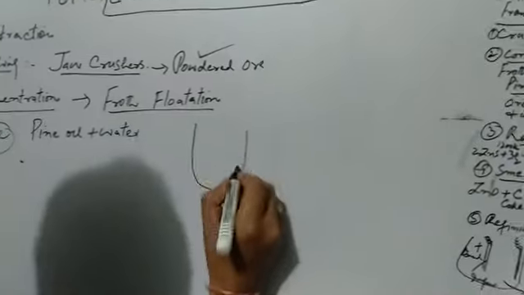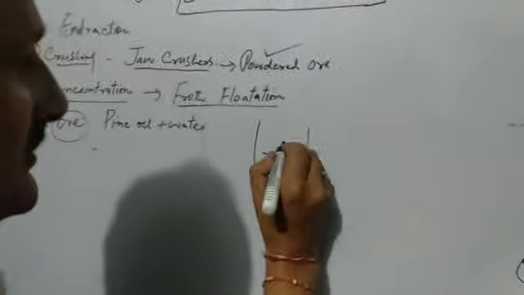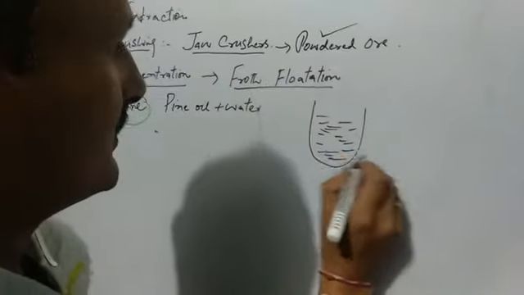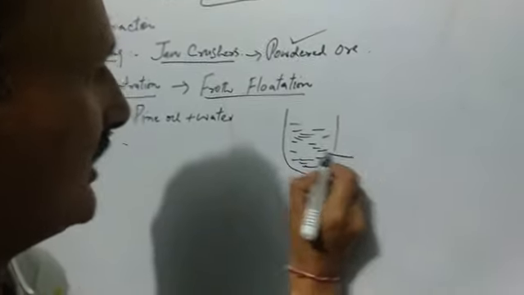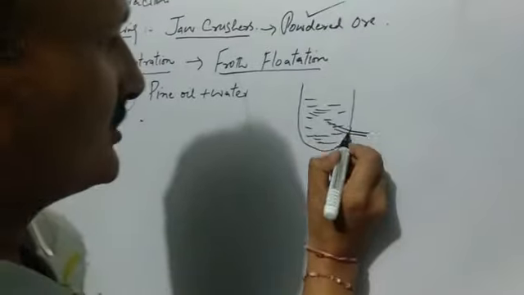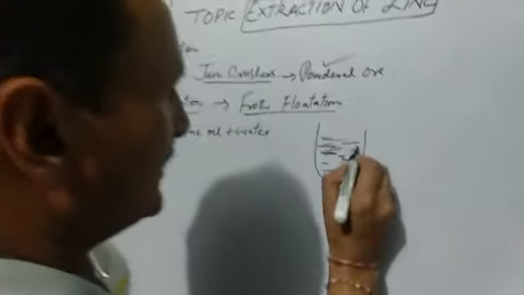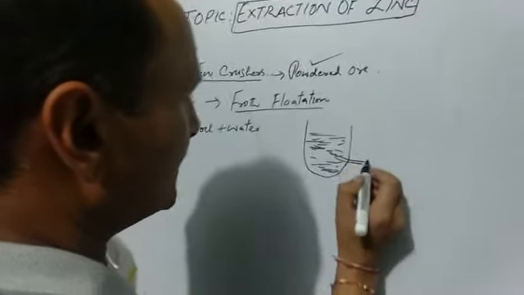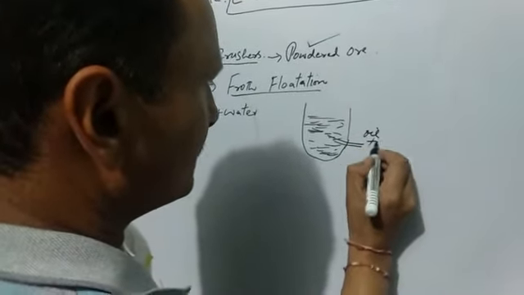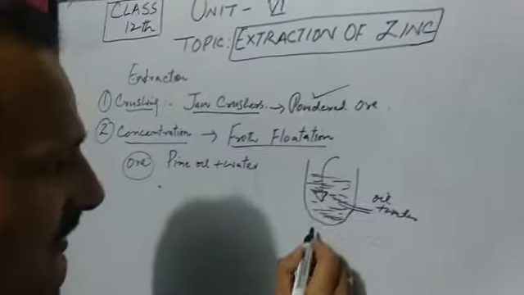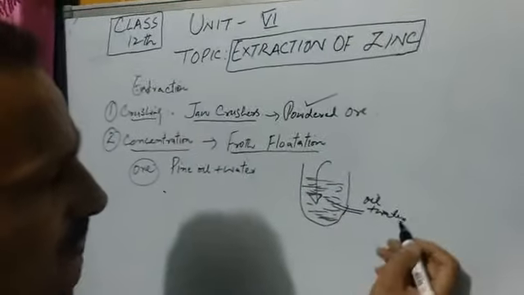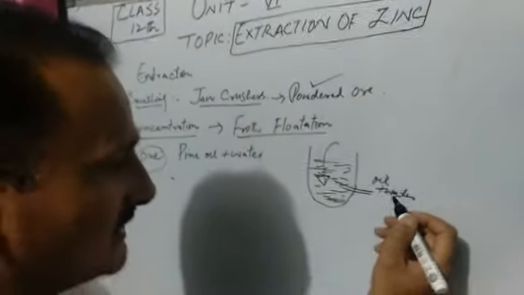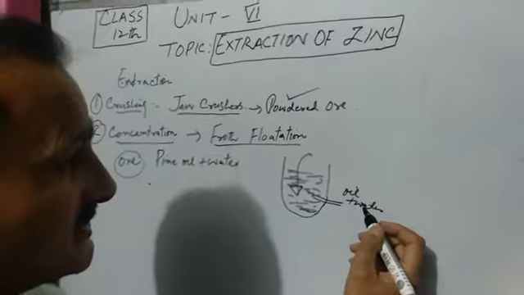Suppose this is pine oil and water. Basically, a blast of pine oil and water is introduced in the container. Water is already there, so there is oil plus water in it. Now, when ore is introduced in it, and this is subjected to blast, that blast has, as the word suggests, high power, and with that what happens?